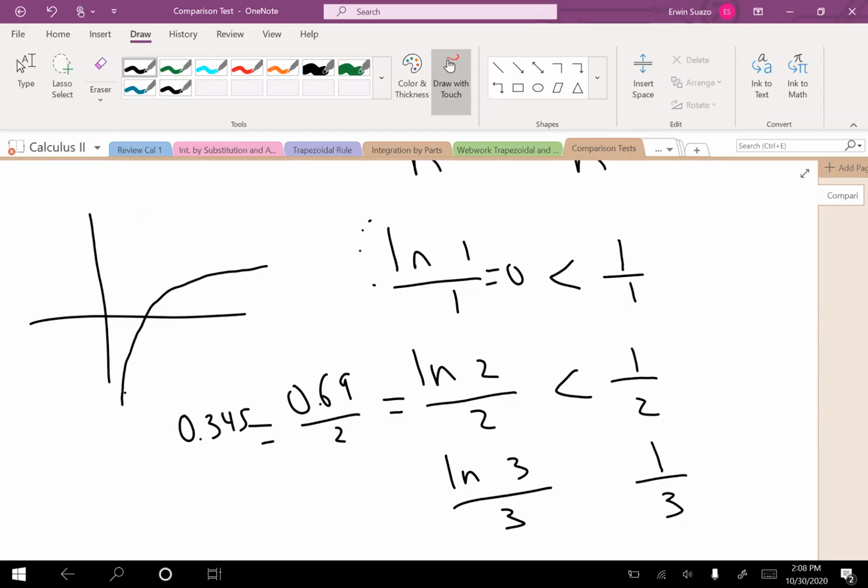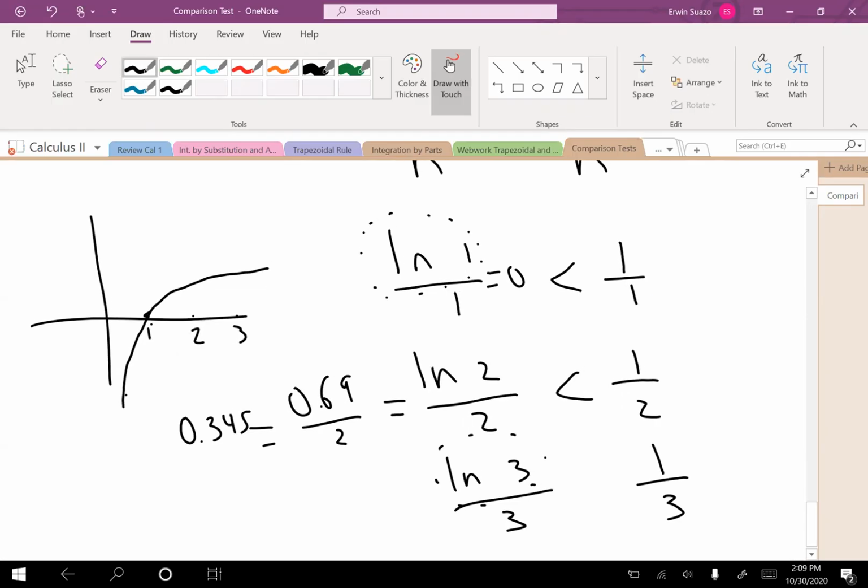Because ln is increasing. Ln of 1 was 0, then ln of 2, then ln of 3. So basically you want to compare ln of 3 and 1.